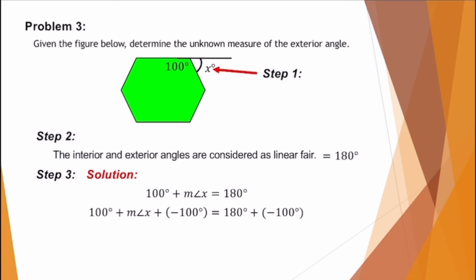So we can cancel 100 degrees, and for the right side, we subtract 100 from 180. Therefore, the degree measure of angle x is 80 degrees if we simplify. So for our step 4, therefore, the degree measure of angle x is 80 degrees.